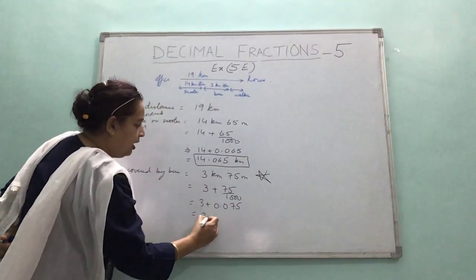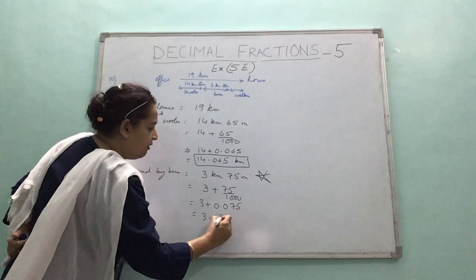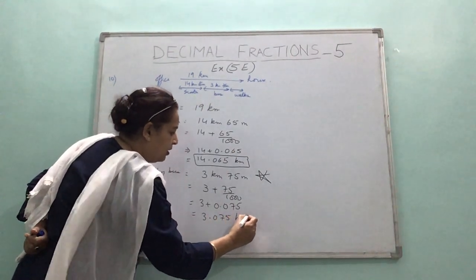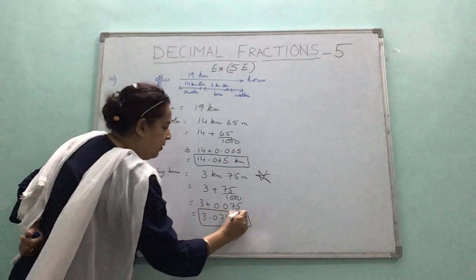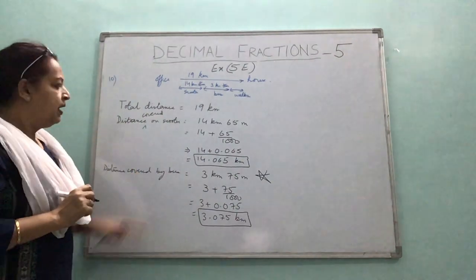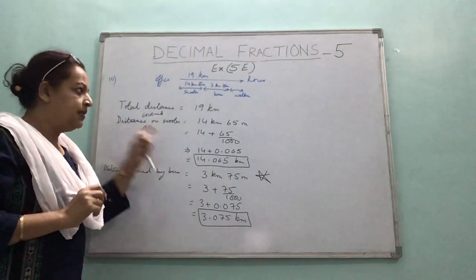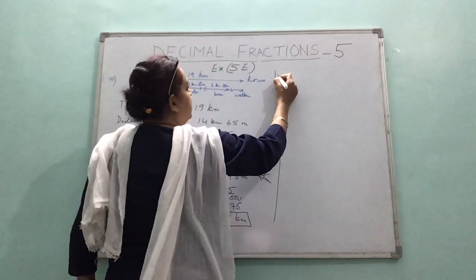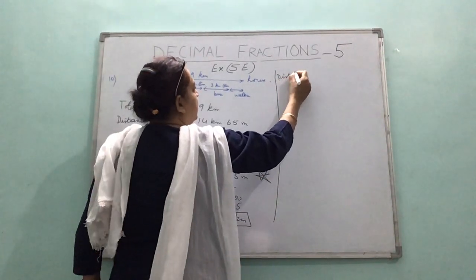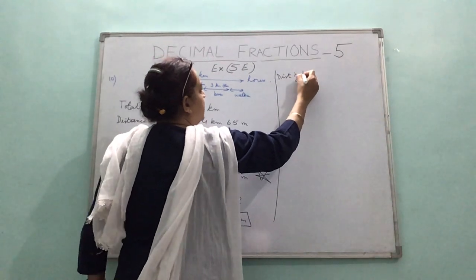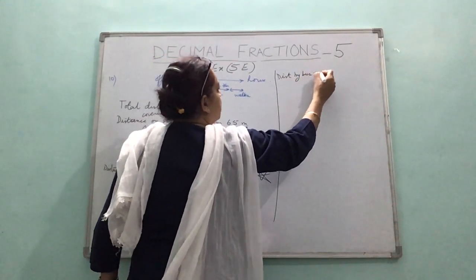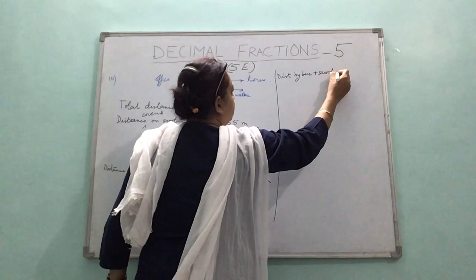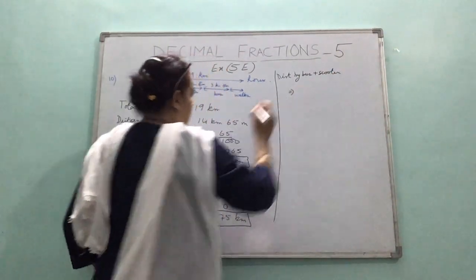So it is 3.075 kilometer. So this is on bus. First we'll add these two. So I'll do it here. Distance by bus plus scooter. Well, I'll add these two.